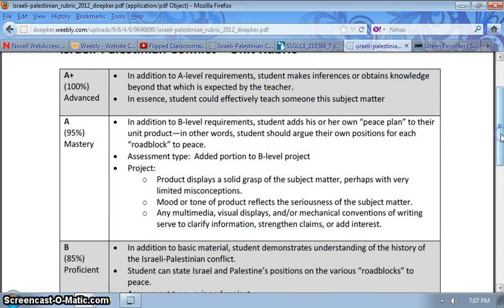Students also will have an opportunity to earn a perfect score on this project: instead of the 9.5 A, they can earn a 10 A, and they would do that possibly by going above and beyond the expected knowledge and demonstrating that they have learned something beyond that which is expected by the teacher.